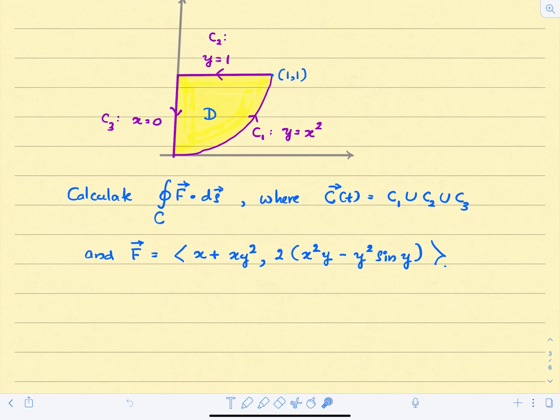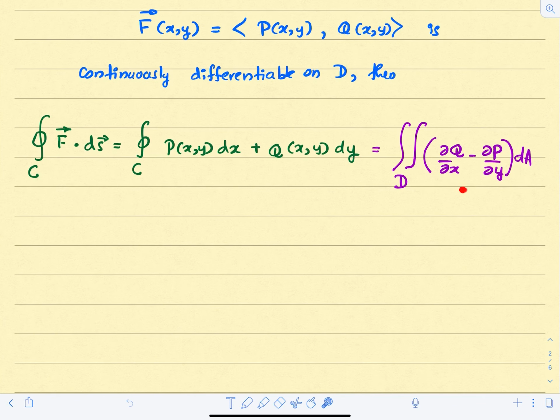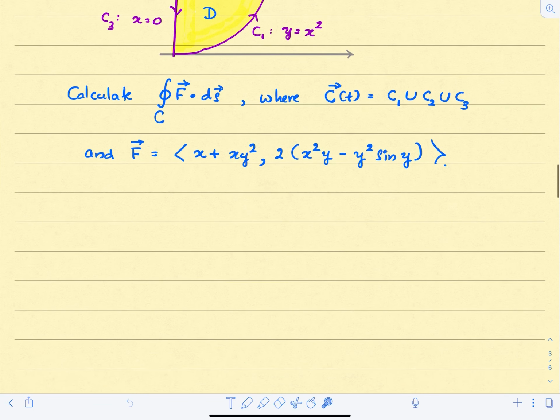So instead of evaluating this line integral, we could evaluate a double integral over this domain D, and the double integral is given by this quantity. Okay, so let's do this.